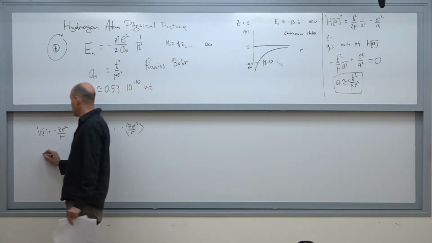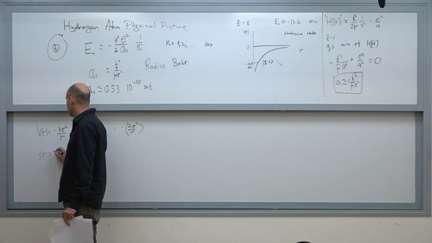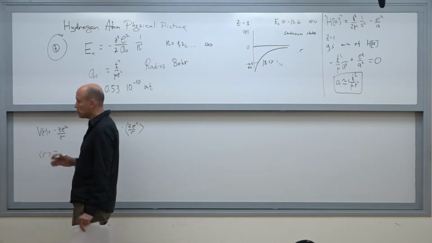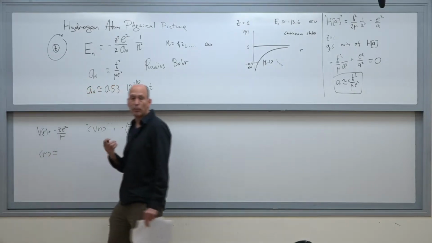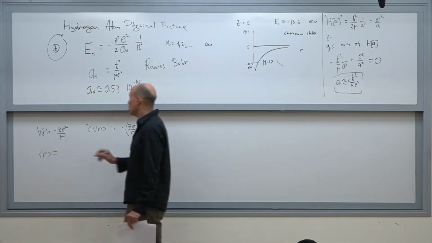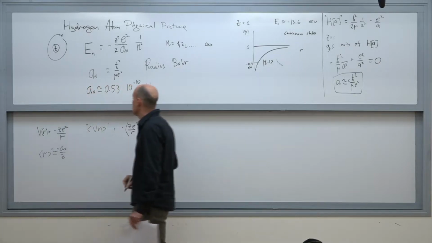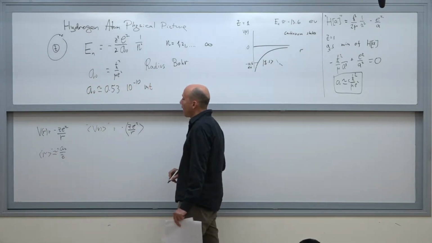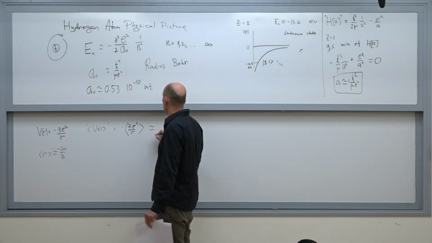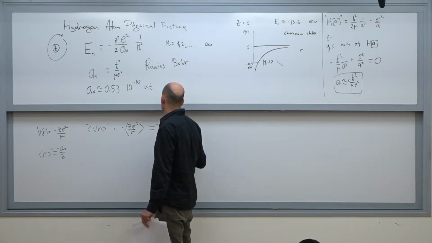What is R average? You can guess more or less what R average is. It has to depend on Z itself. So this, you can argue, is A0 over Z. So this is more or less equal to minus Z squared E squared over A0.